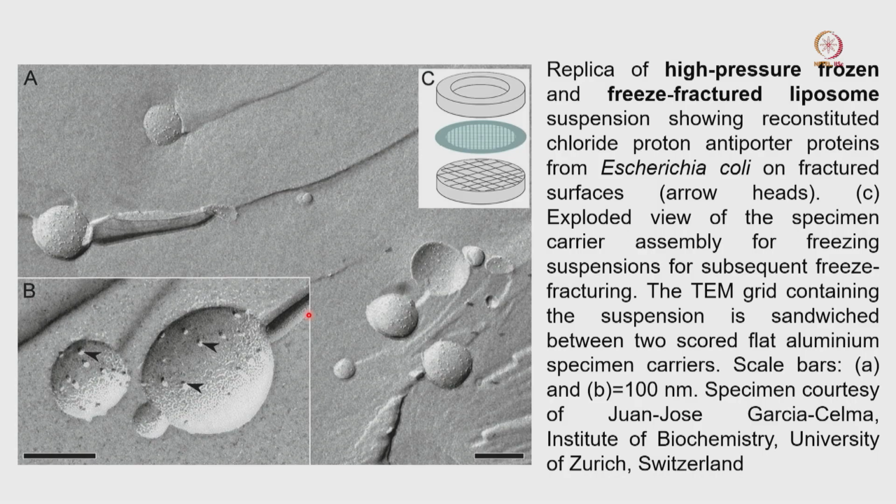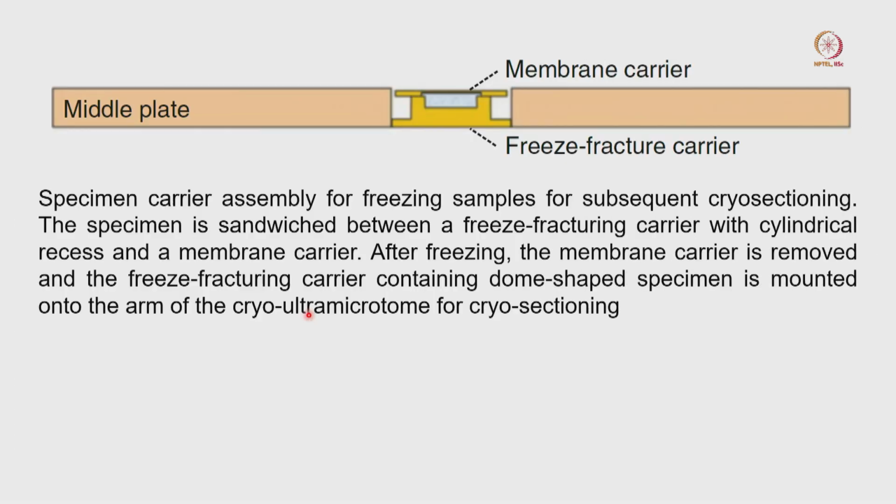This is only possible if your cell is not damaged by crystalline ice. So, this is the membrane carrier for freeze fracture. Now, we are going to discuss in more detail how we can do the freeze fracture.